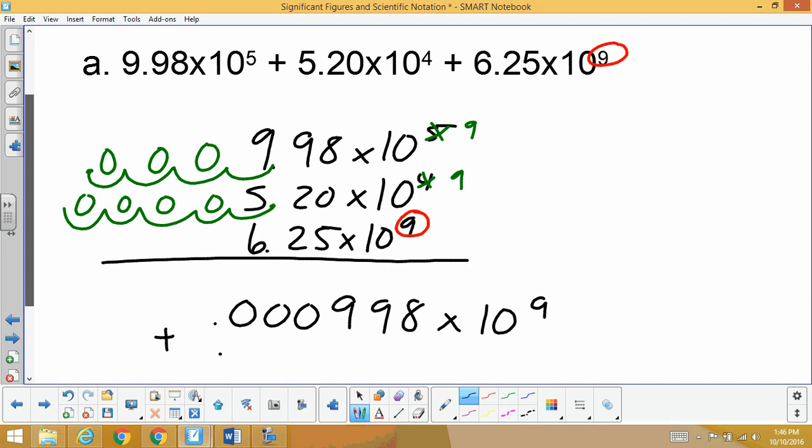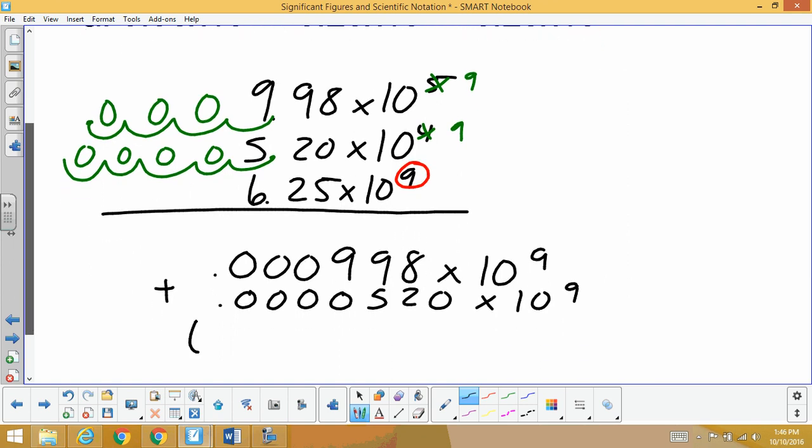Second number, 0.0000520 times 10 to the 9th. And finally, our original number, 6.25 times 10 to the 9th.